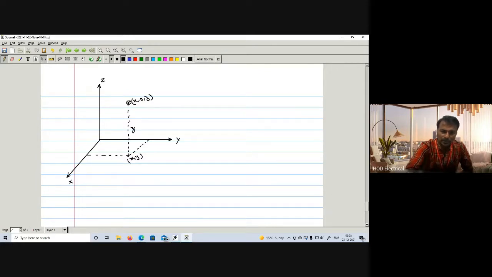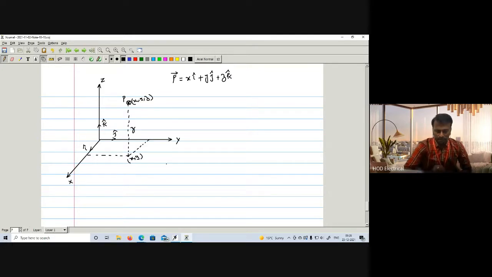Therefore this point will be x, y, and z. So we can take this point P. The position vector P can be written as x into the unit vector along the x-axis, y into the unit vector along the y-axis, and z into the unit vector along the z-axis. Therefore, x into i cap plus y into j cap plus z into k cap.